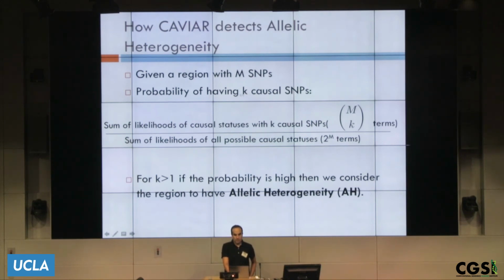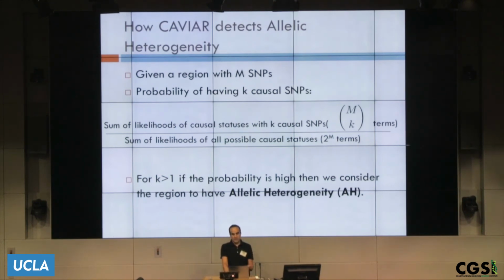We can look at all configurations that have exactly K 1s and sum all of them, and then divide that by all the likelihoods. We can do this for every K, and this gives us a histogram of the probability of having each number of causal SNPs. If there's a lot of probability for K greater than 1, then we can say that region has more than one causal SNP.